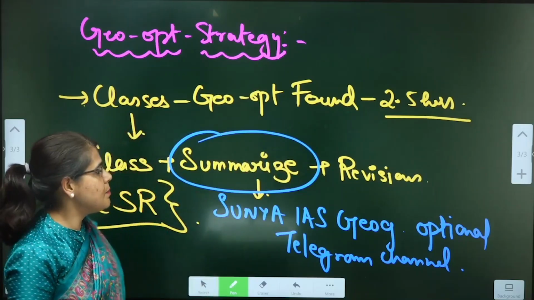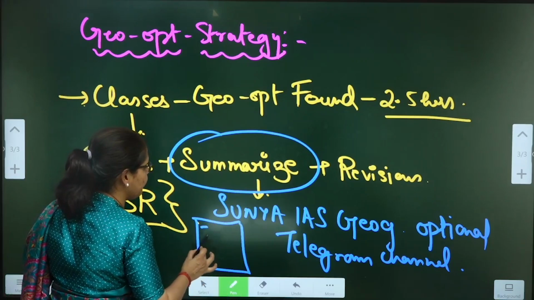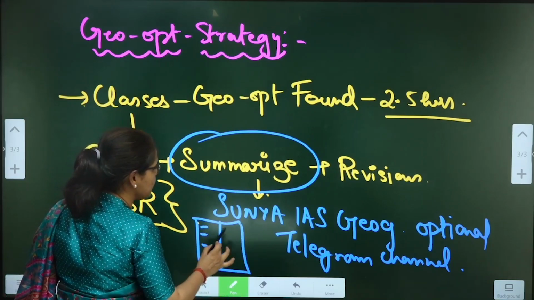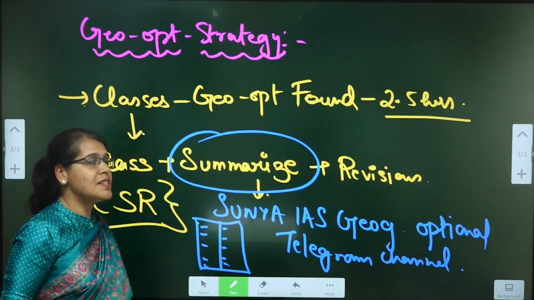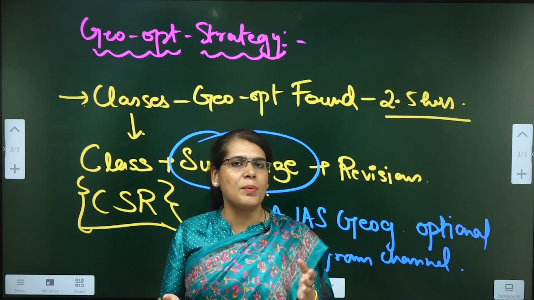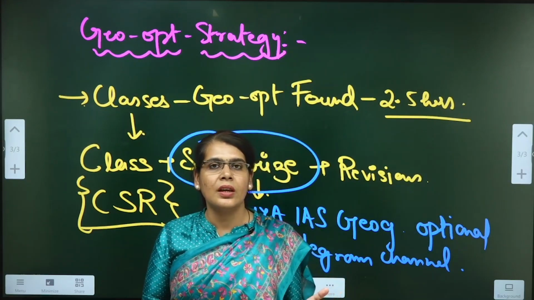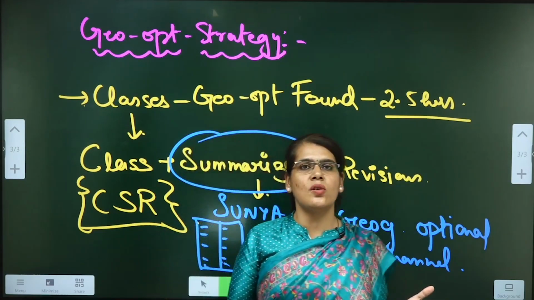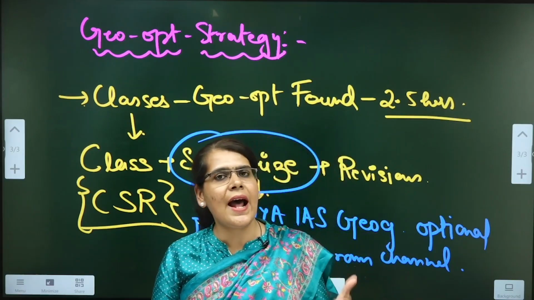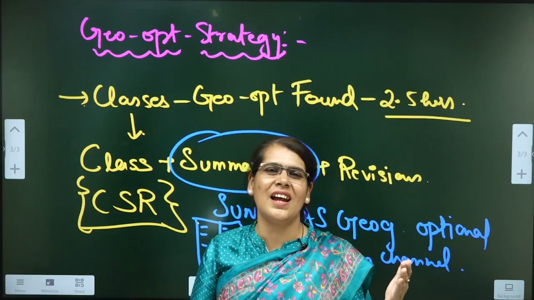How do we summarize the entire day's notes into one A4 sheet with the help of some symbols, some schematics, some maps, etc. So I have already uploaded some of the toppers' summarizations who have already cleared the examination. So you can go to the Sunya IAS Geography Optional Telegram channel and have a look at the summarizations which have been uploaded on the Telegram group.